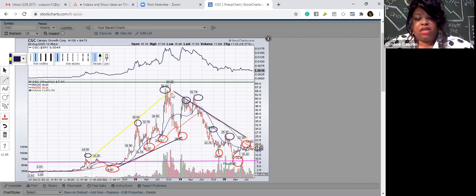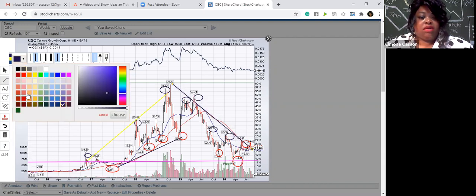So this is just us connecting most of our dots. When we have something like this, I usually just put them in between, right? To chart. I'll change the subject, or change the color, I'm sorry.